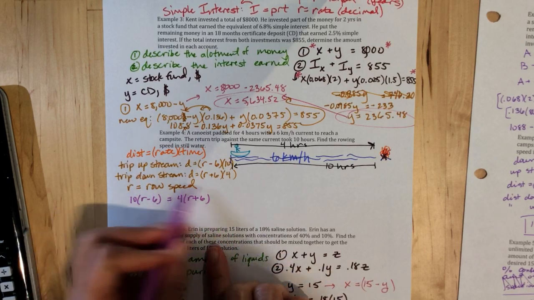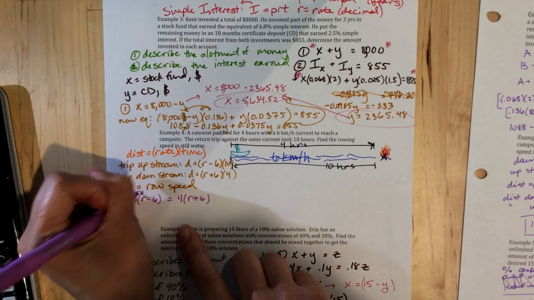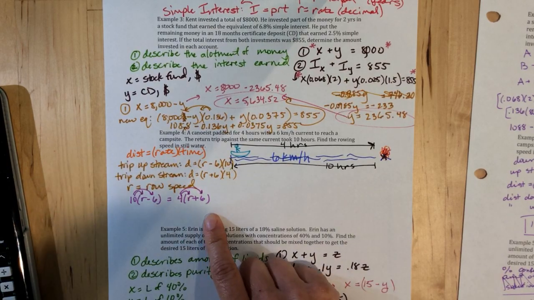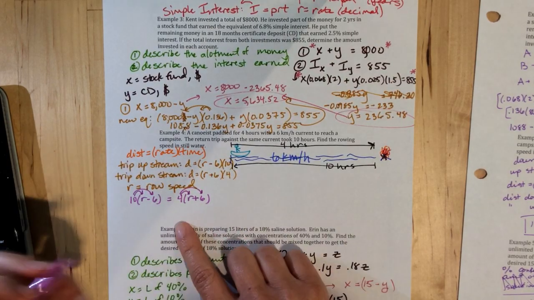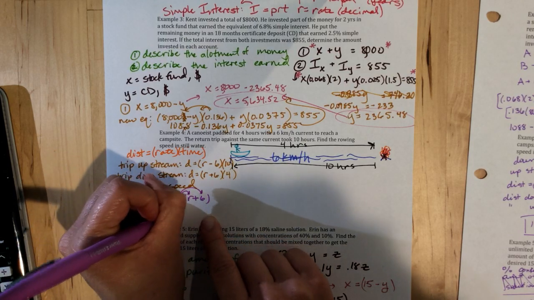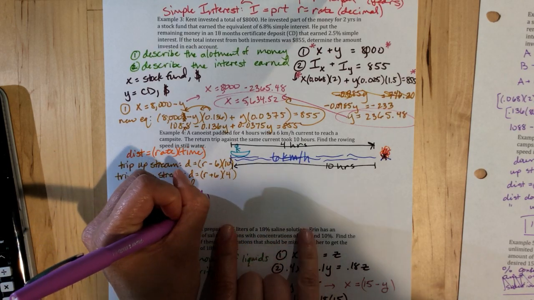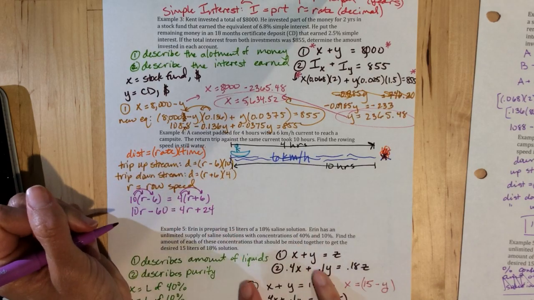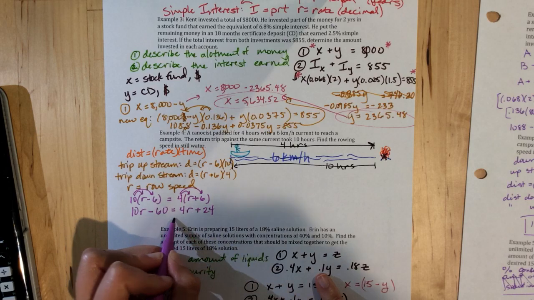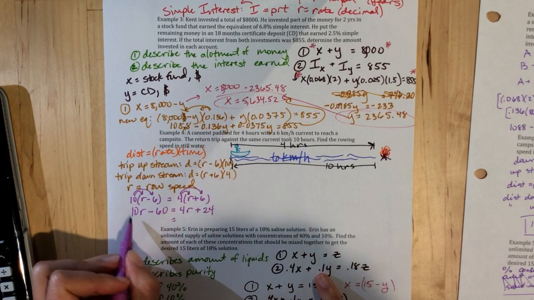So again, we're back to what we first started out with, an equation in one variable. I'm going to distribute the 10 and the 4 respectively. So 10r minus 60 equals 4r plus 24. Now we're going to combine like terms. I'm going to add the 60 to the right, subtract the 4r over to the left.